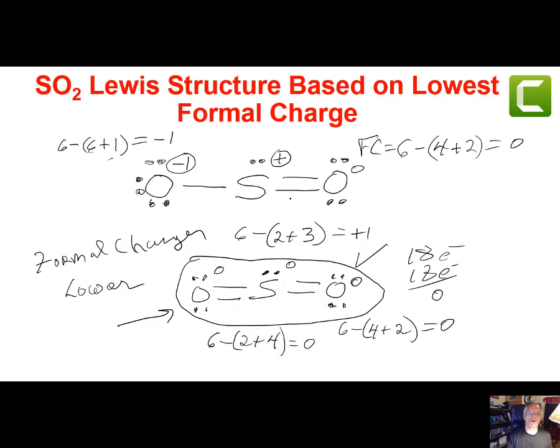So even though we could draw a resonance structure where we didn't break the octet rule, notice that I have 2, 4, 6, 8, 10 electrons around sulfur on this structure, and so I have broken the octet rule. There are some elements in which I can exceed the octet, and we're going to talk about that right now.